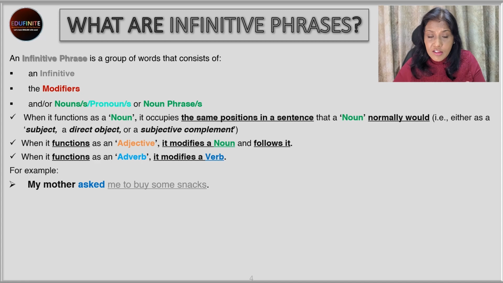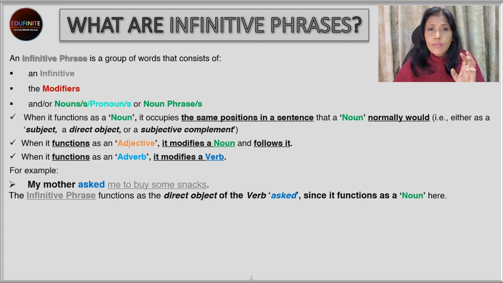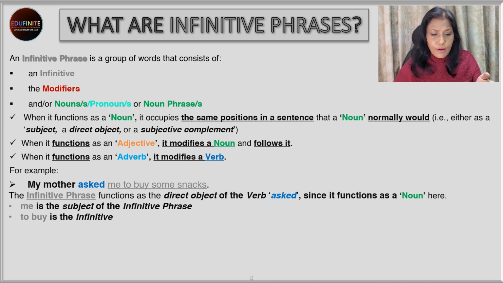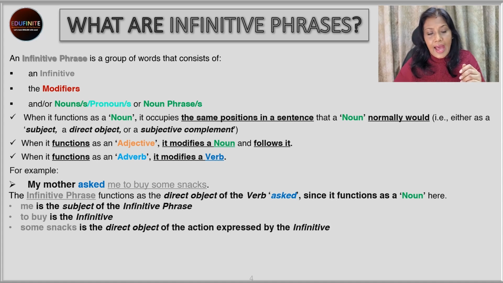My mother asked me to buy some snacks. So over here, the infinitive phrase is functioning as the direct object of the verb asked, and hence it is functioning as a noun. Me is the subject of the infinitive phrase. To buy, of course, is the infinitive. And some snacks is the direct object of the action expressed by the infinitive phrase.